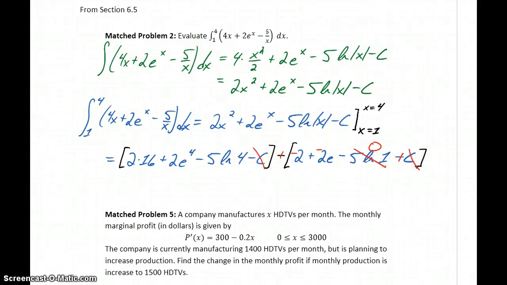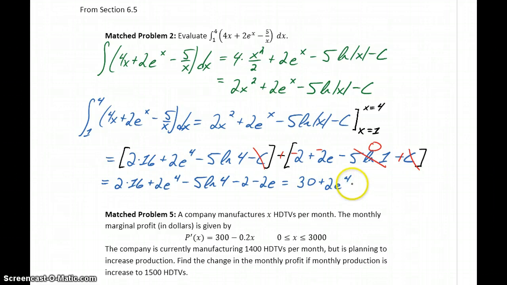Our constants will cancel, which will happen absolutely every single time we evaluate definite integrals, which leaves us with 2 times 16 plus 2e to the 4th minus 5 times the natural log of 4 minus 2 minus 2e plus 0 plus 0. Simplifying and combining like terms then will give us 30 plus 2e to the 4th minus 5 times the natural log of 4 minus 2e.